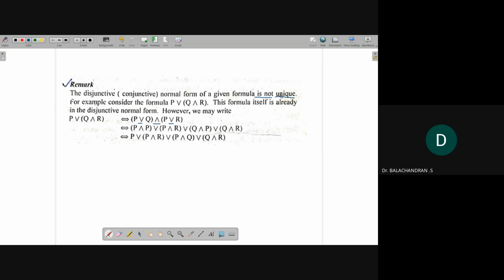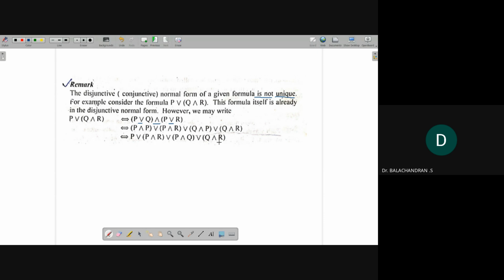But sometimes students may understand wrongly. Sometimes they will try a different method, but somewhere else they make a mistake, and then they will get some expression. So maybe that expression is not exactly equivalent.